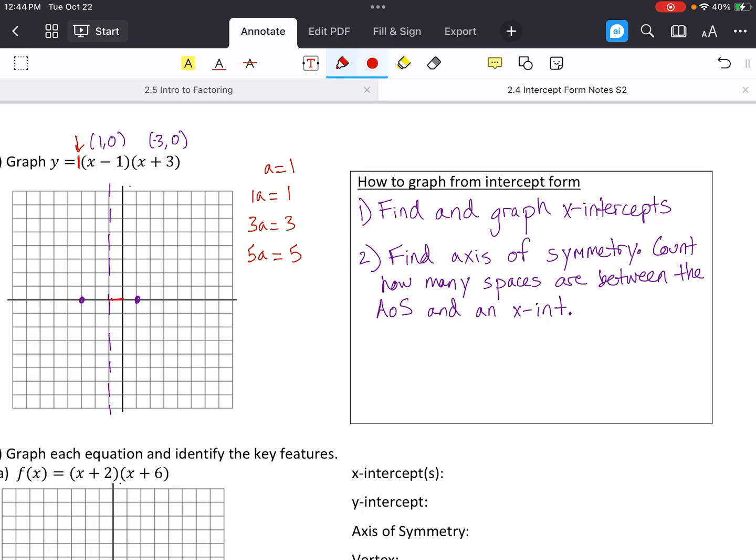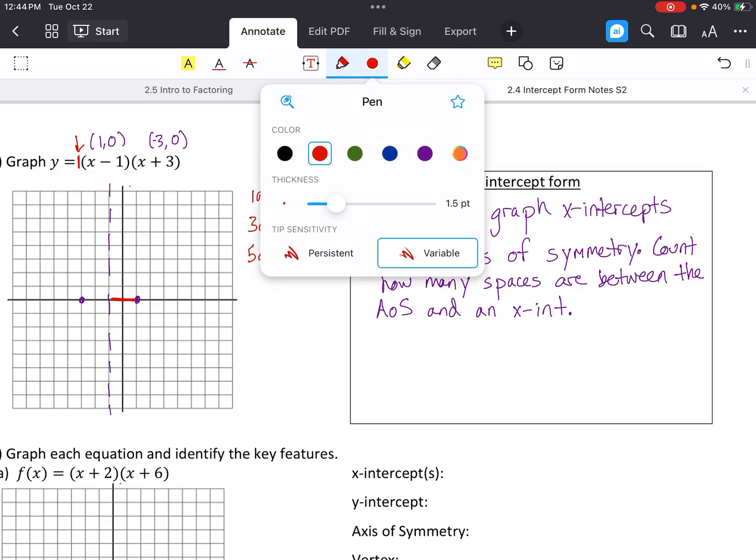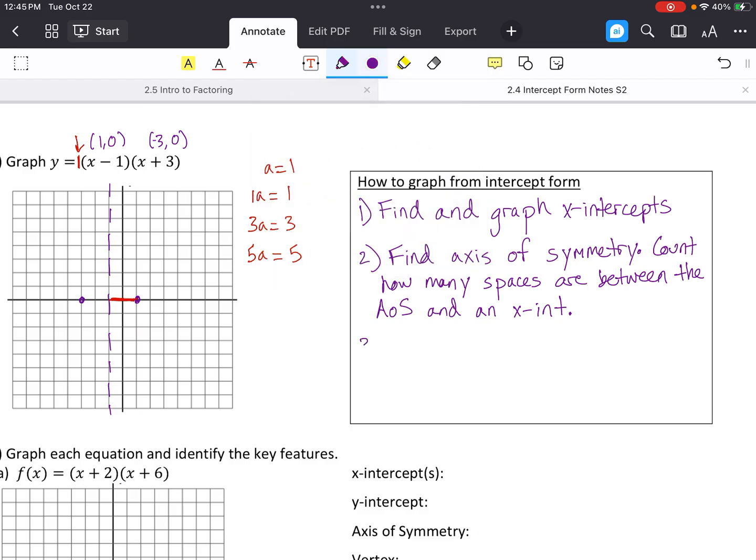So we have 2 spaces in between there. Because I have 2 spaces, we're just going to work backwards through the growth rate.